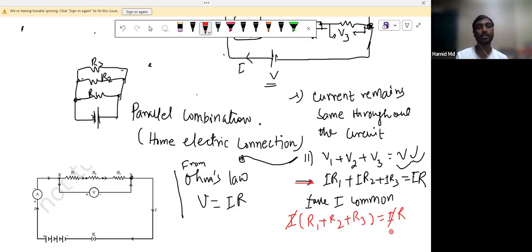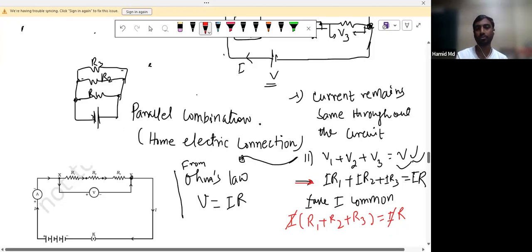So it is just cancelled from both sides of the equation. So this will be R1 plus R2 plus R3, and this will be equal to R resultant, R total. This is our result.